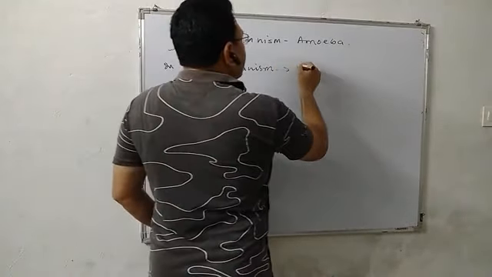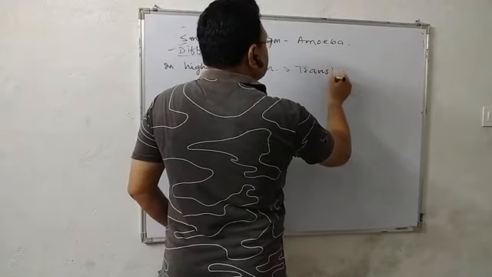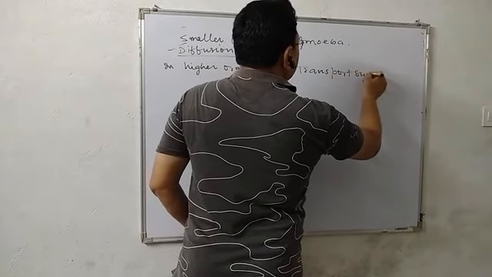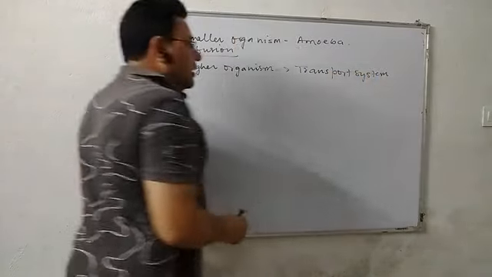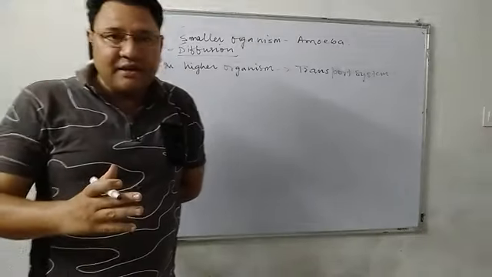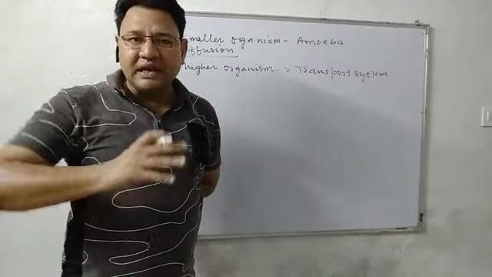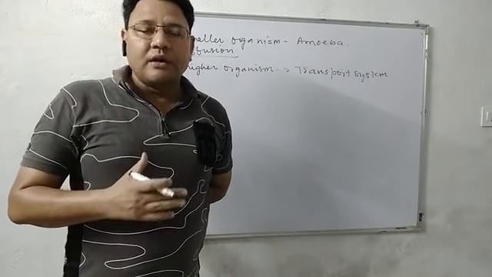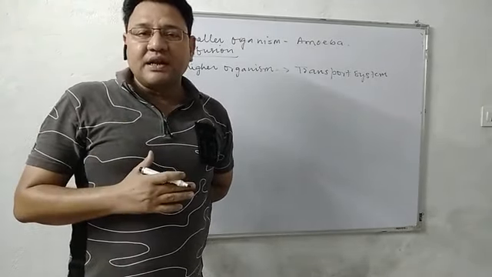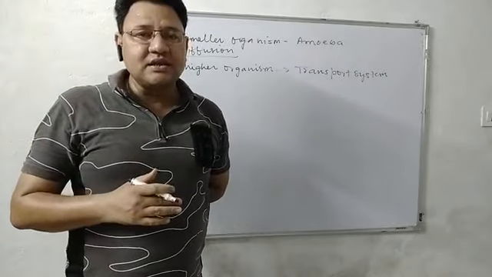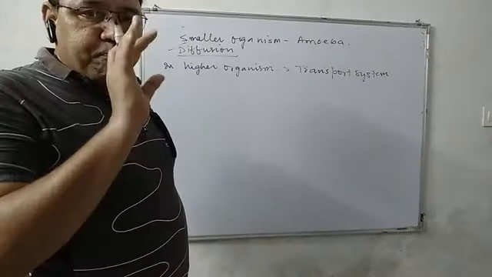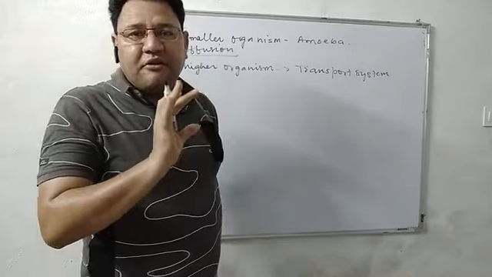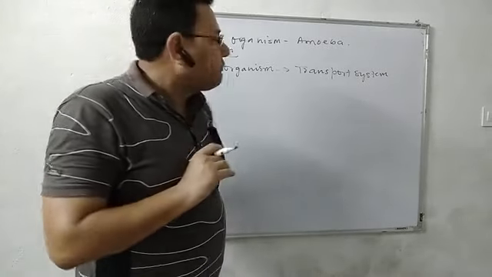there will be a transport system required because they are higher, therefore they have major complexity levels, no? Therefore, the transport of these minerals and food requires a complete system by which they can be transported. Okay?